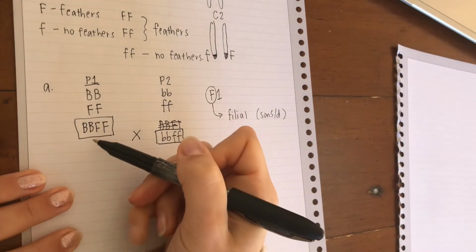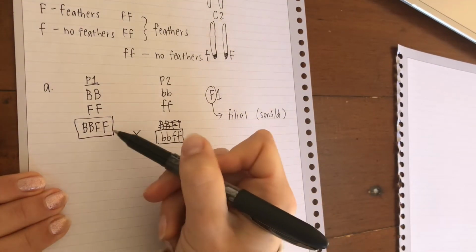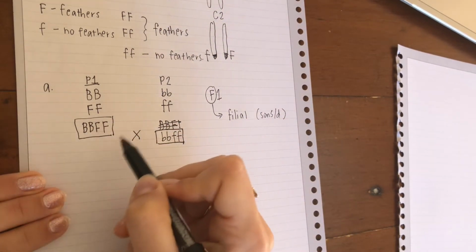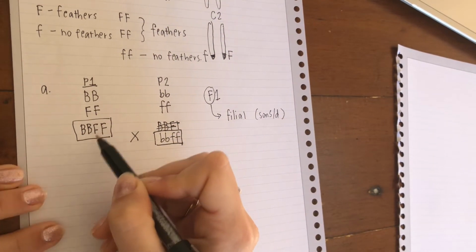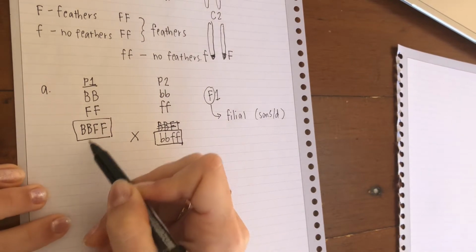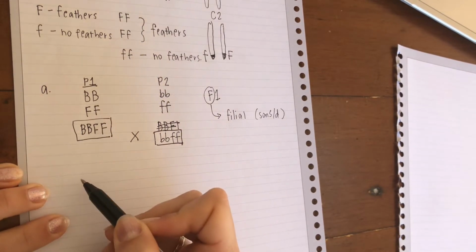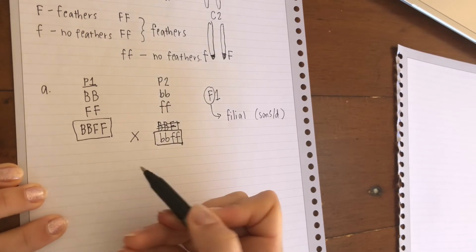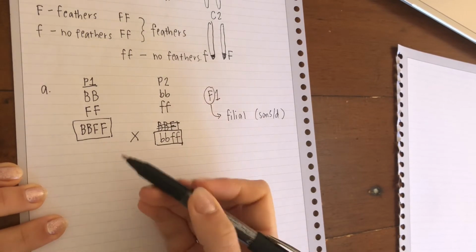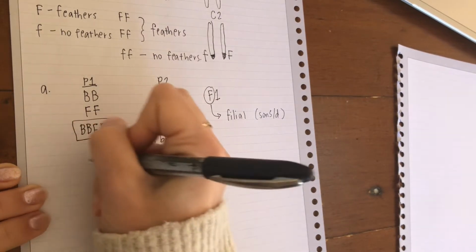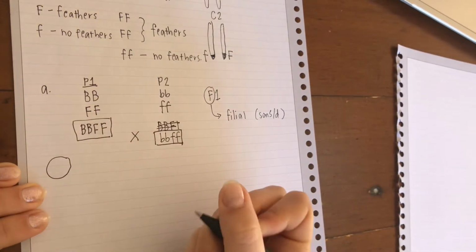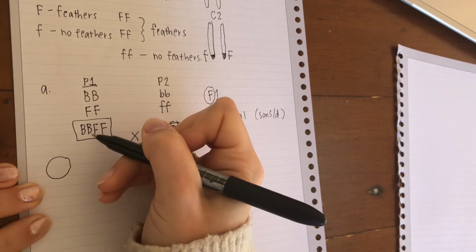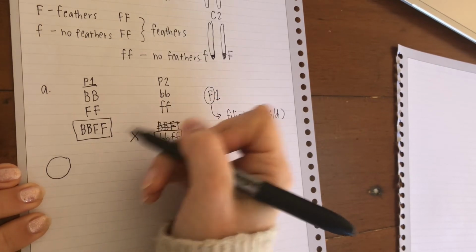Well, the first step is to find out what kind of gametes these two individuals can make. Because remember, this is the genotype of their somatic diploid cells. So we've got to figure out what are all the combinations of those alleles that we can see being segregated in the gametes. Well, hopefully it's common sense to recognize that each gamete has to possess one copy of each chromosome, right?